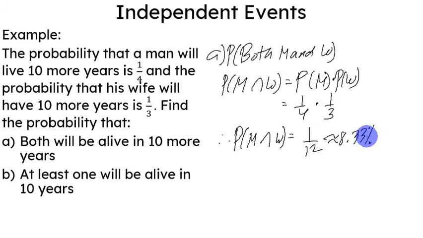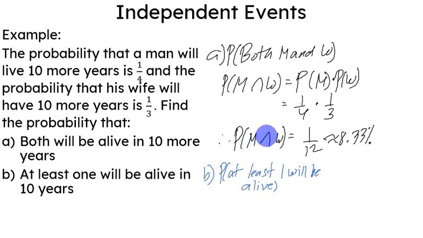8.33%. Now, what is the probability that at least one of them will be alive in 10 years? Take note that this is not just one case where both of them are alive.